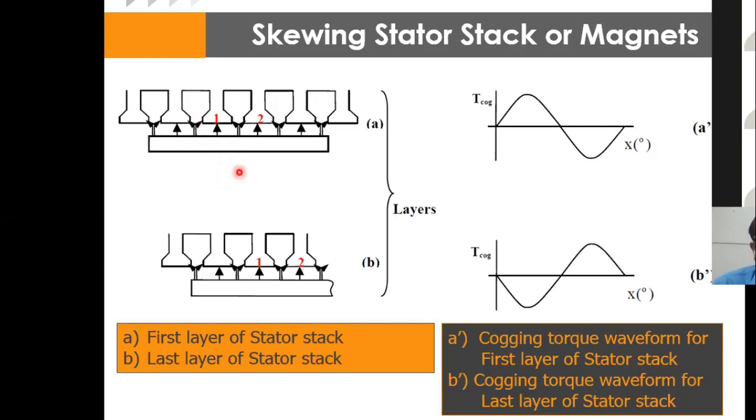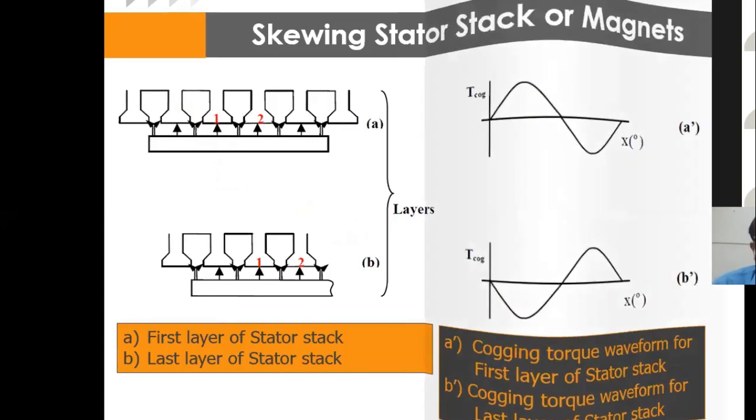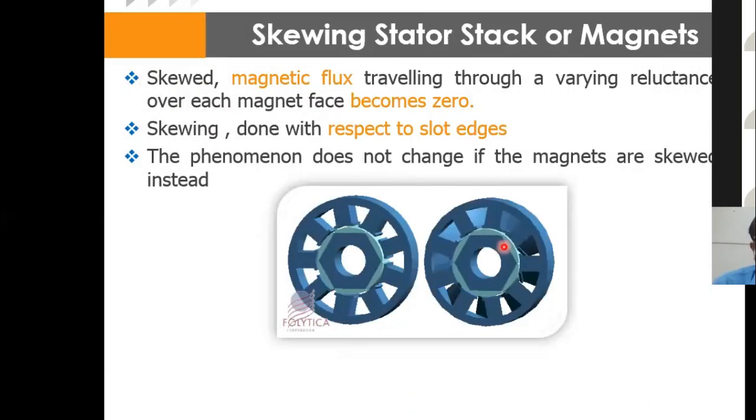If you are doing like that, obviously the cogging torque will change. Here you can see the cogging torque waveform from the first layer of the stator stack, and this is the cogging torque of the last layer of the stator stack. You can exactly see that whenever this is maximum, this is the negative of the same value. So when these are summed up, you are going to get a 0 value. This is the layman explanation behind the skewing of the stator.